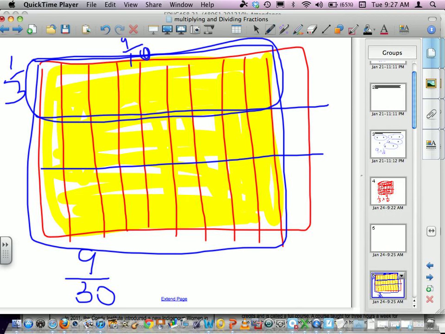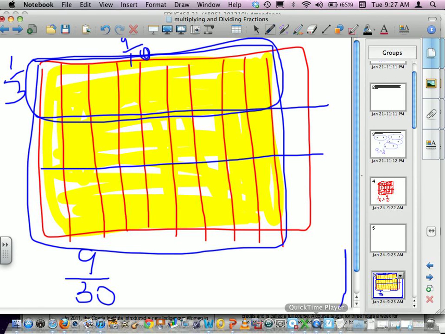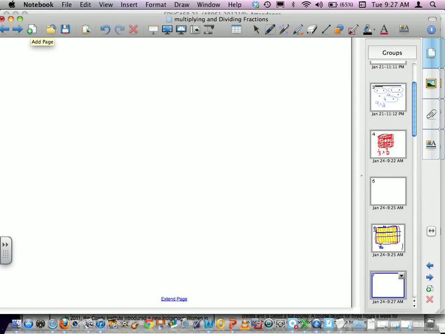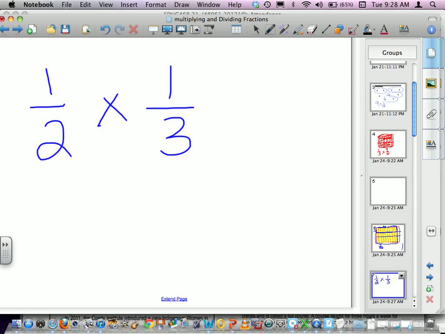On your tables, you have a bunch of little sheets of paper. Everybody pick one up. I'm going to multiply 1/2 by 1/3 using this.